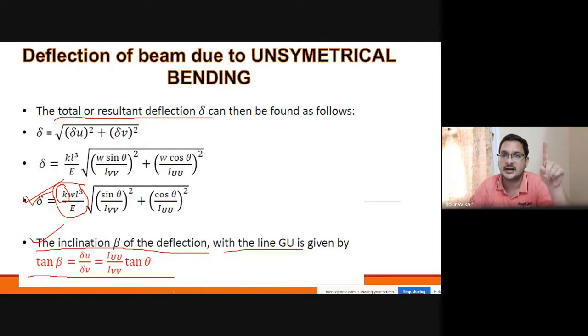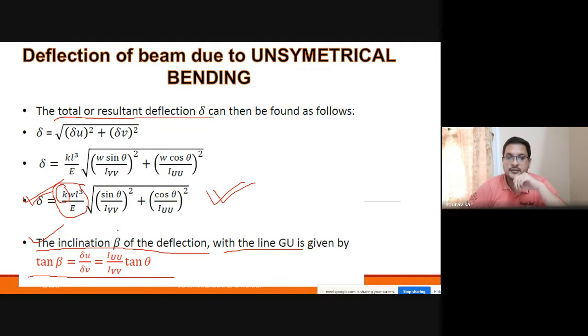One is tan theta, which represents the angle of inclination of XX with UU. Then tan alpha and tan beta. So we have to remember this resultant equation to find the deflection at various points.